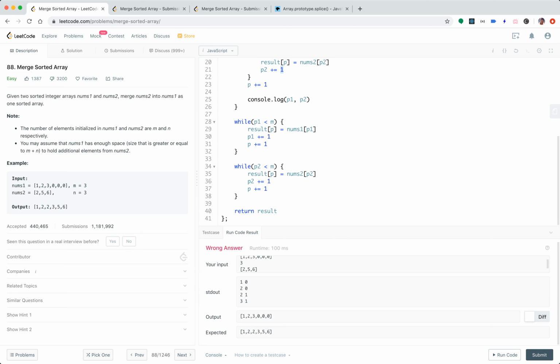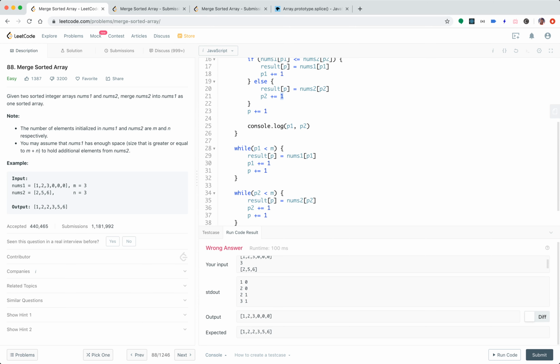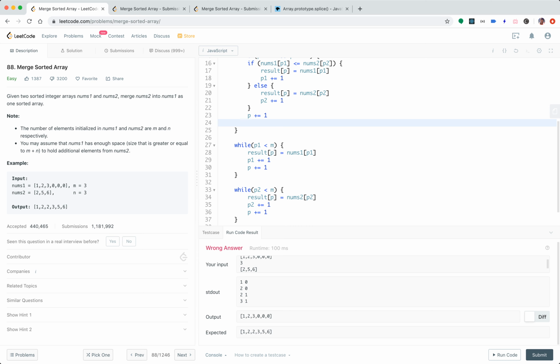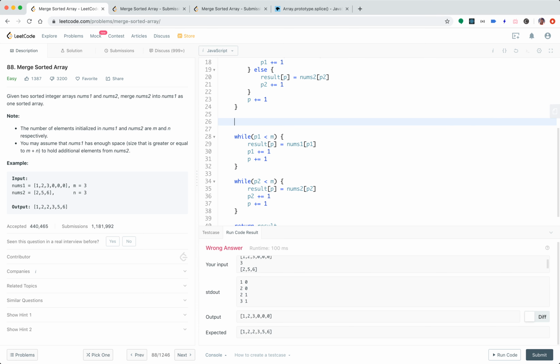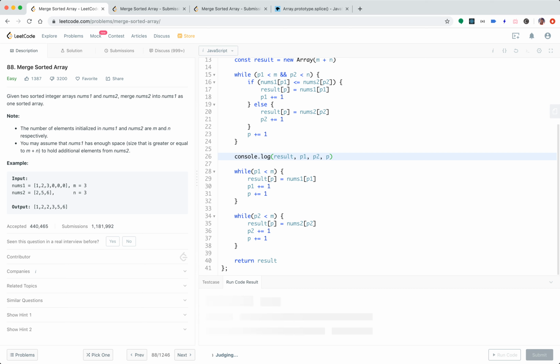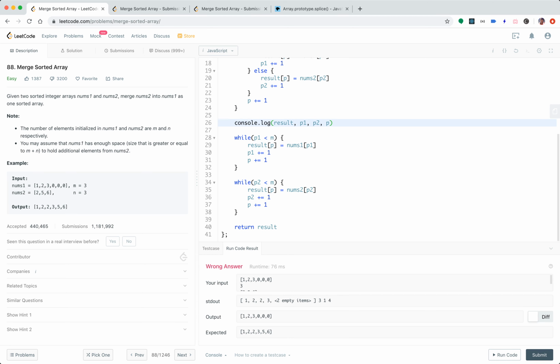Output. While p1 is smaller than m. What's the problem? Console log result, p1, p2, p. Two empty items. So this should be n.